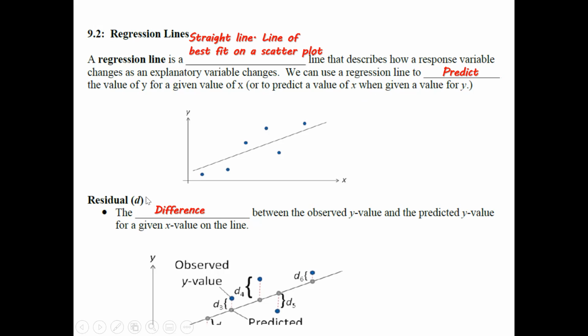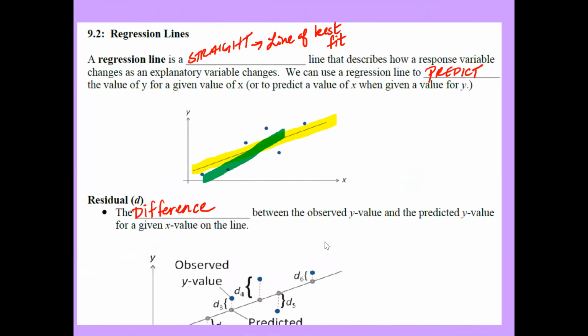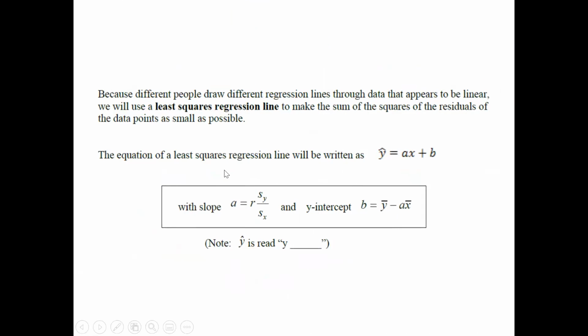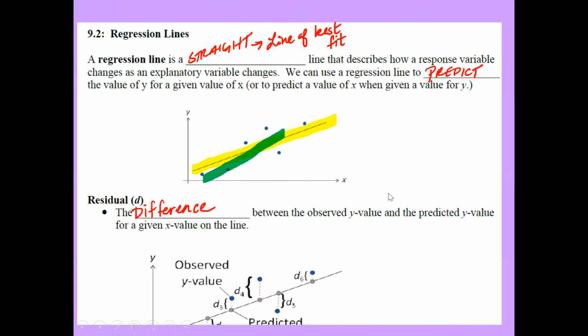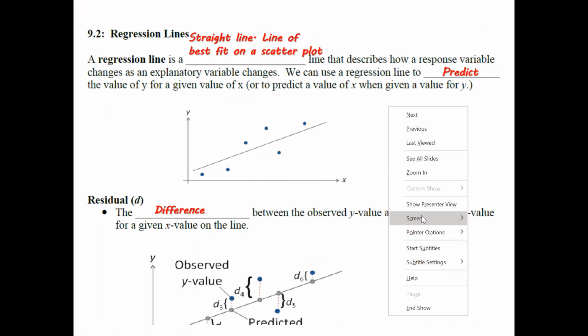The residual d is the difference between the observed y value and the predicted y value for the given x value of the line. And this is on page 6, by the way. I would suggest you go ahead and copy this part down. So pause the video and do that.